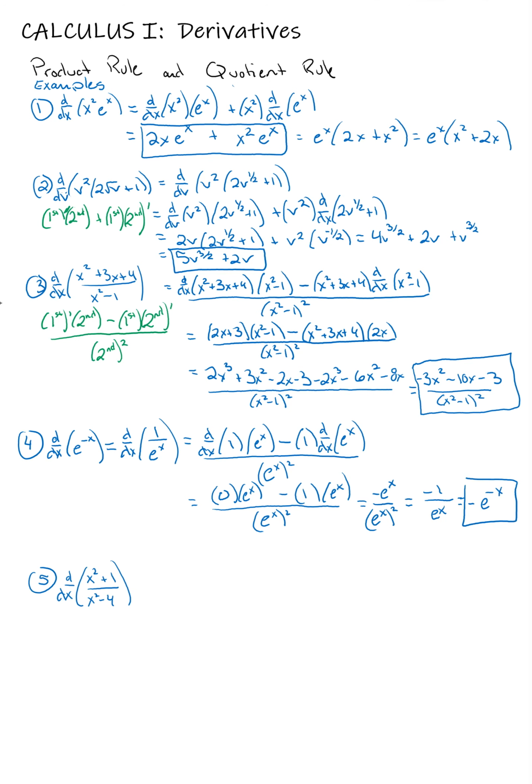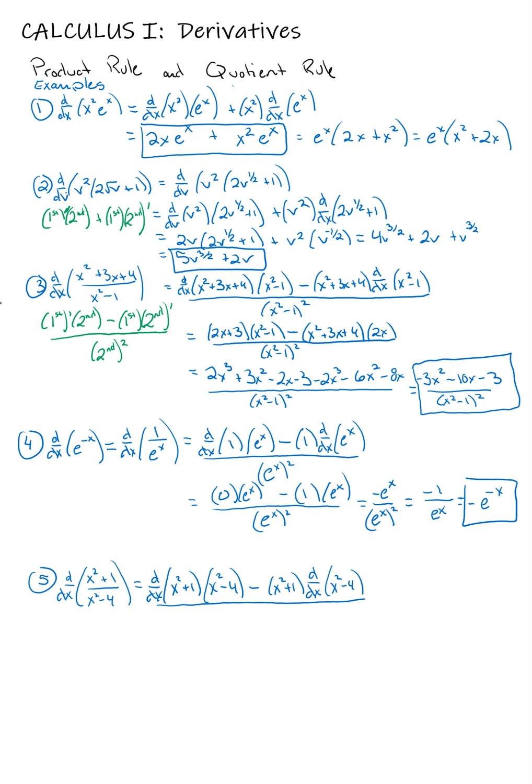All right, on to example 5. We're going to take the derivative d dx of x squared plus 1 over x squared minus 4. Again, following the quotient rule, we will start with the derivative of the first, x squared plus 1, times the second, which is the denominator, x squared minus 4, minus the first, which is the numerator, x squared plus 1, times the derivative of our second function, which is the denominator, x squared minus 4.